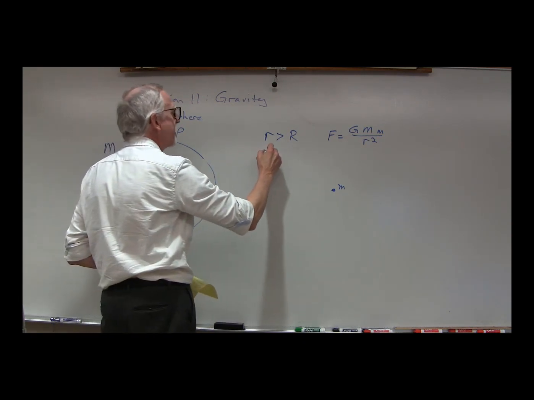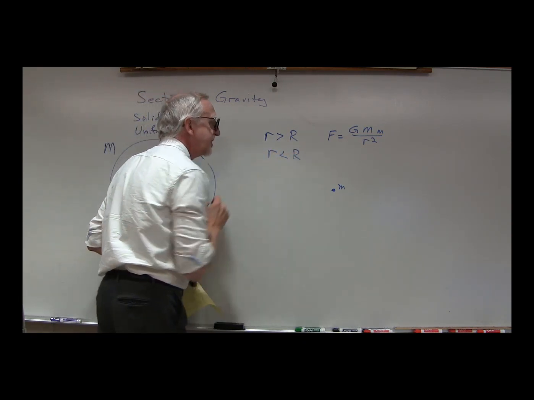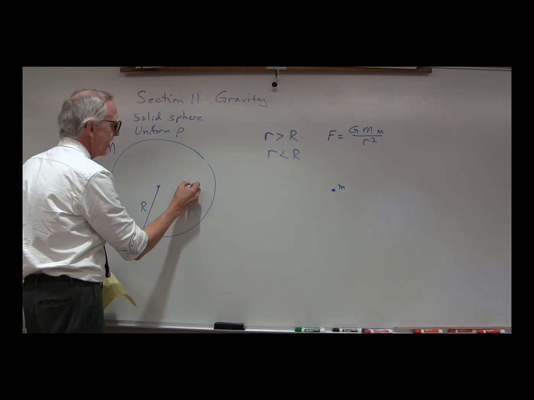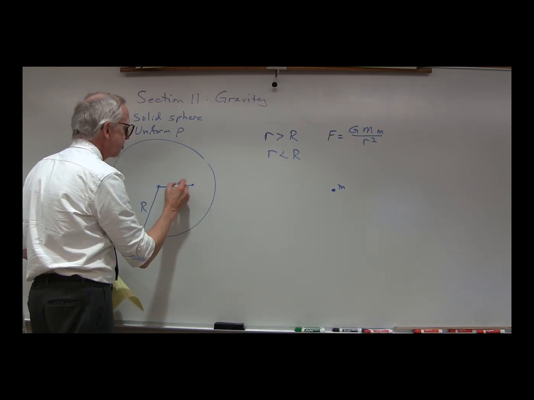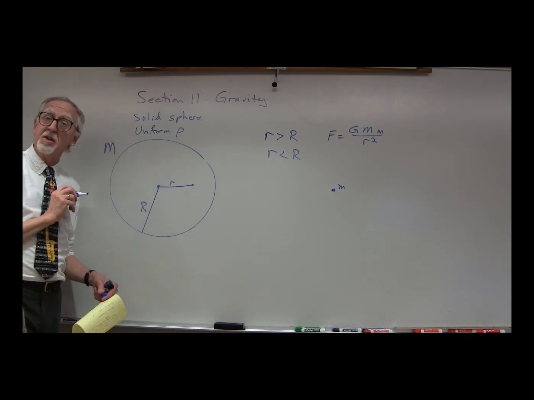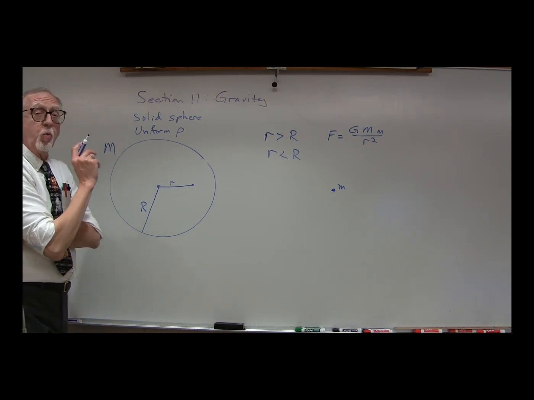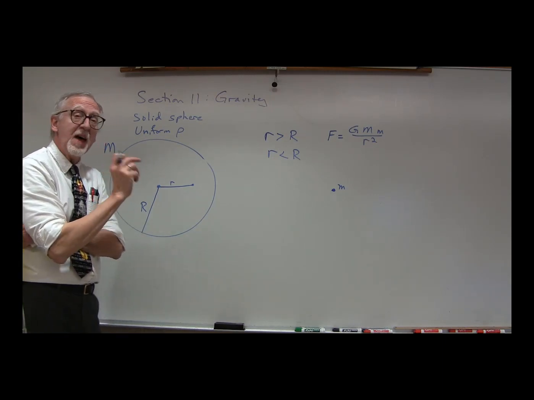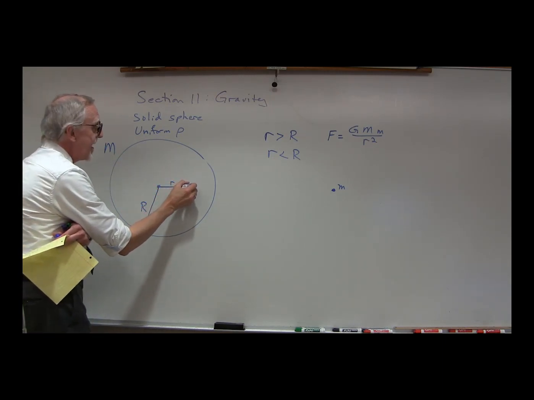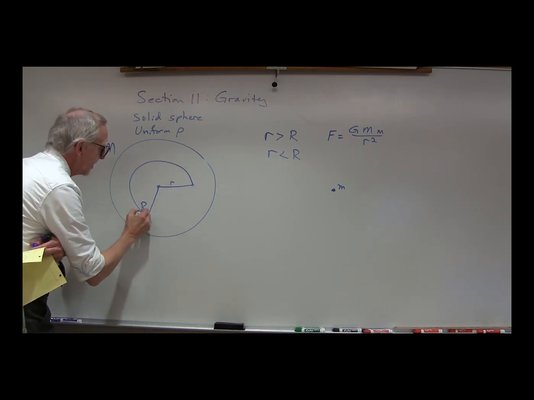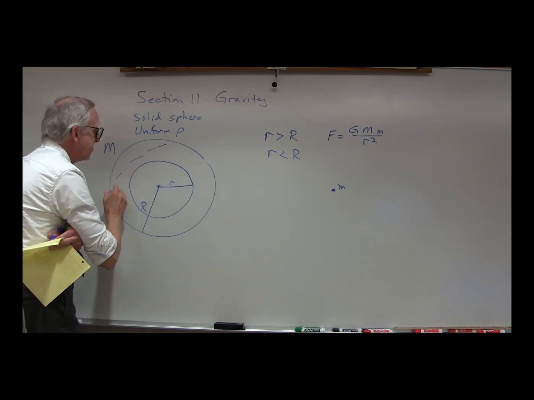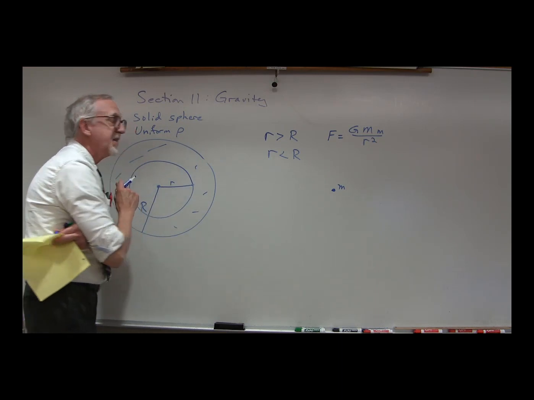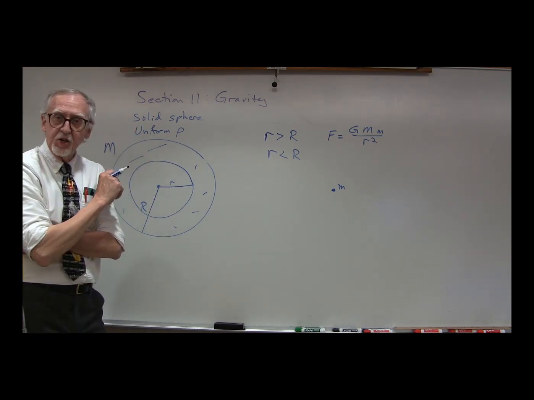But what happens when r is less than capital R? Let's imagine we're in here at some smaller radius than the radius of the object. Well, what we saw before is that the mass outside this radius, so all of this mass out here, does not contribute to the gravitational force.